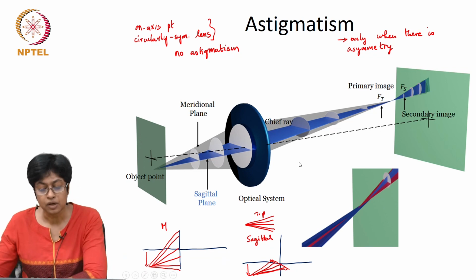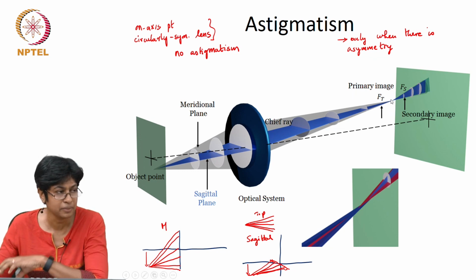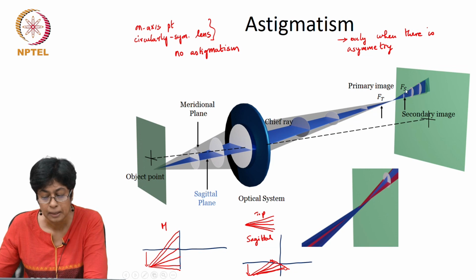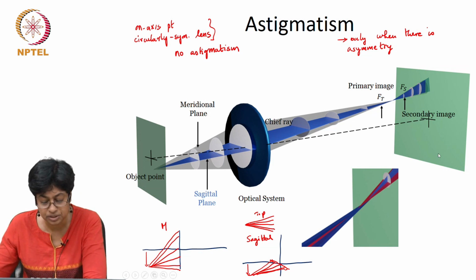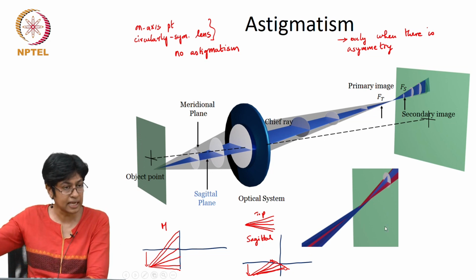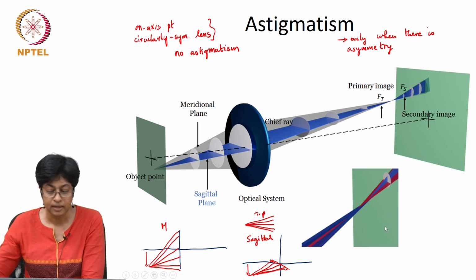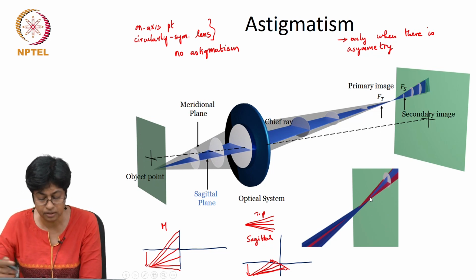It may not be obvious in this figure. If it seems here that both the sagittal and the meridional rays are coming to focus here, but if you zoom in and look closer, this is what is really happening. The set of the fan of rays that lie in the sagittal plane are coming to focus over here at this point.